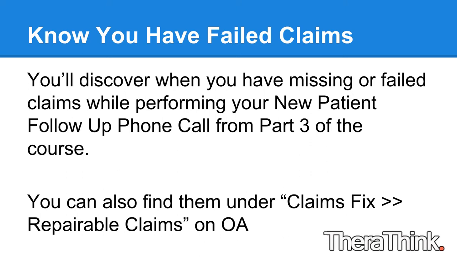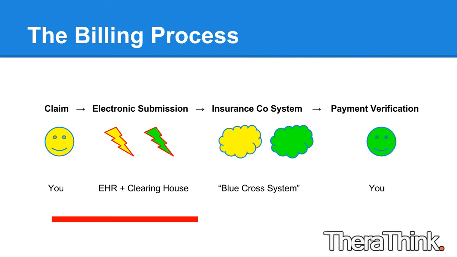So you'll learn more about that specifically, but you can also find this out on a screen inside of Office Ally, on the Claims Fix Repairable Claims screen, and I'll get to that in a second. But this is just that billing process infographic that we had earlier, and we're still on the left side of the infographic where we need to fix information on our side so that the information can successfully get over to the insurance company's system.